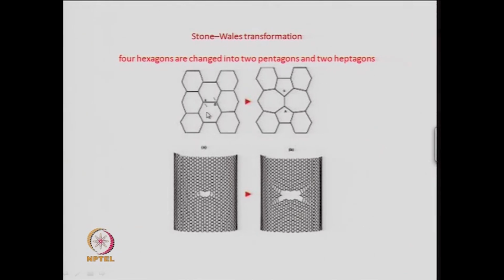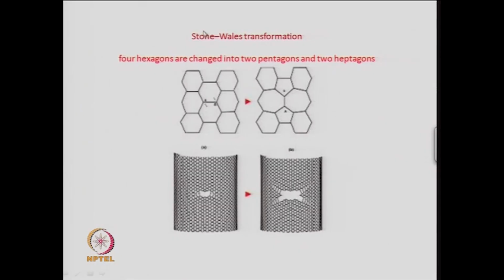If you look at 4 hexagon rings in the graphene layer, the entire plane is made up of these hexagonal rings, but just focus your attention on these 4 hexagonal rings, and by changing them to heptagons and pentagons, from 4 hexagons you generate 2 heptagons and 2 pentagons, and you get a defect.